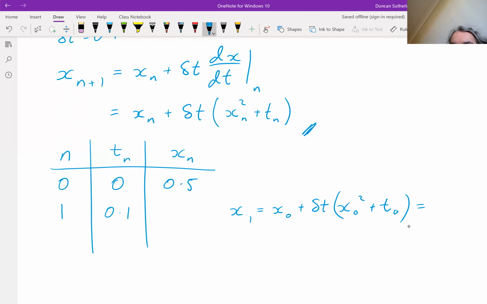And that is equal to, well, x_0 is 0.5, delta t is 0.1, 0.5 squared is 0.25, plus 0.